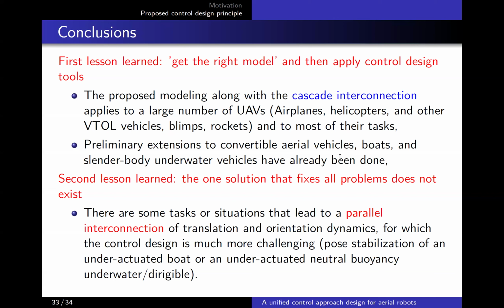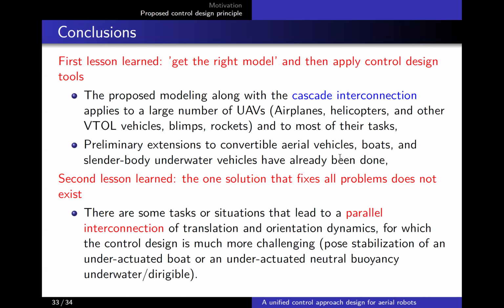It works like this for almost all existing vehicles, even for boats when we are moving, or slender underwater vehicles. We did the theory for that, but the decomposition is different. I'm not decomposing the force, I'm decomposing the momentum on different axes. Here they did the force. For submarines it is the momentum because you have the added mass and things like that.